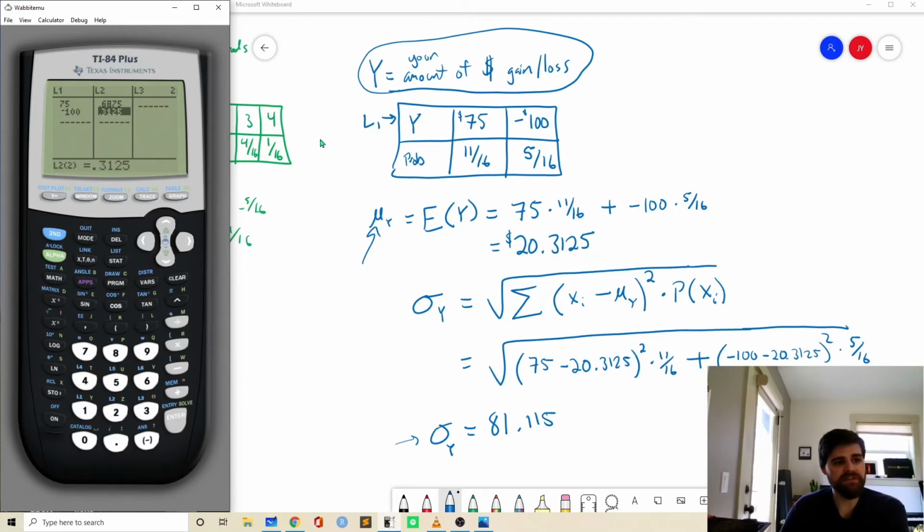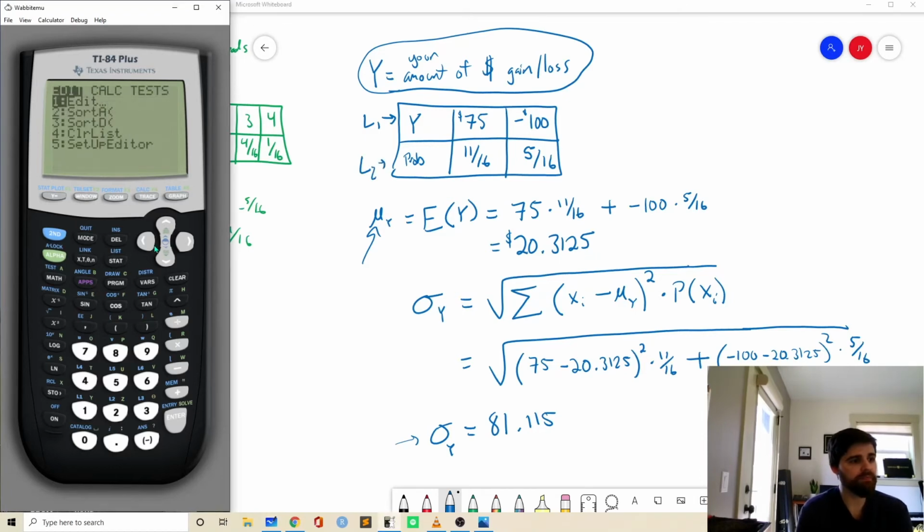Once we have this in list 1 and list 2 for the probabilities, we're going to go over to 1-Var Stats. We've used this before, but last time we used it, we left that frequency list blank. What the frequency list is talking about is how often each of these outcomes happen, right? In other words, the probability.